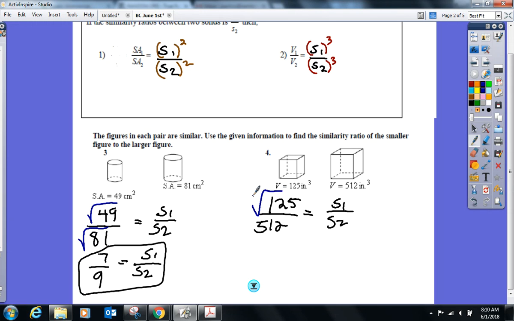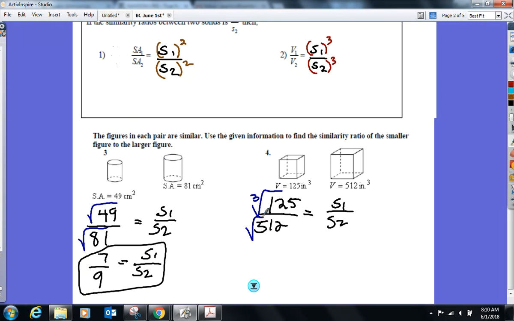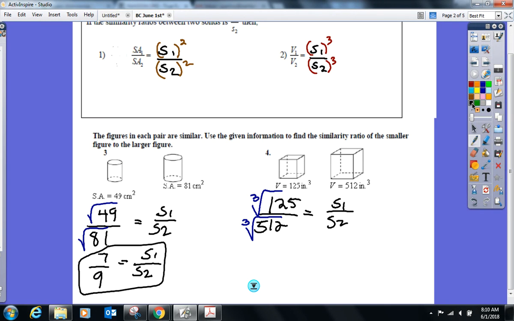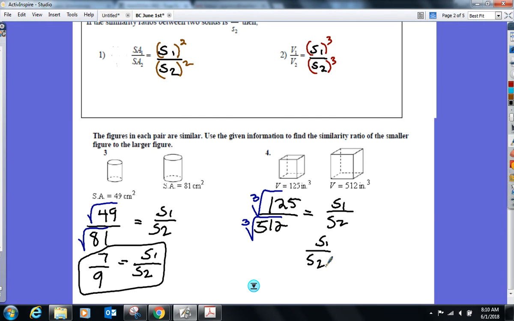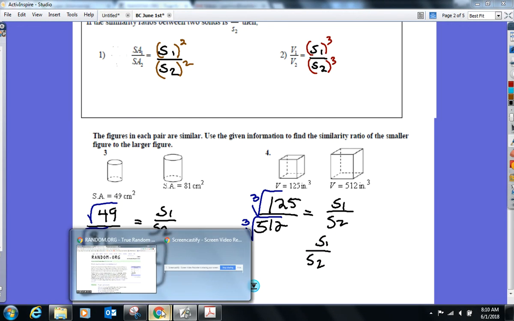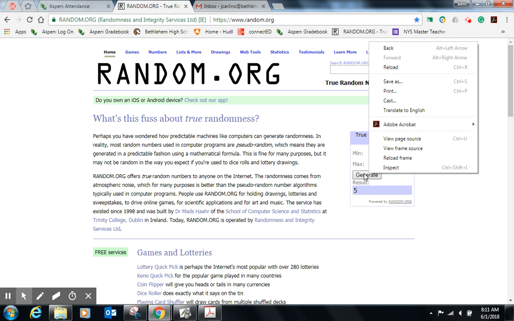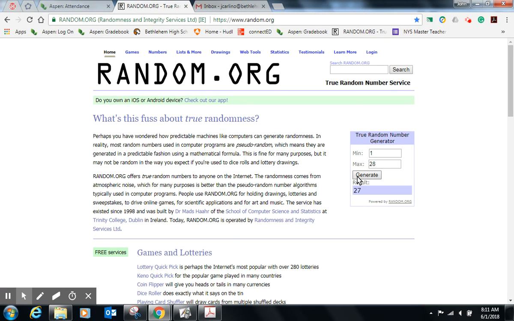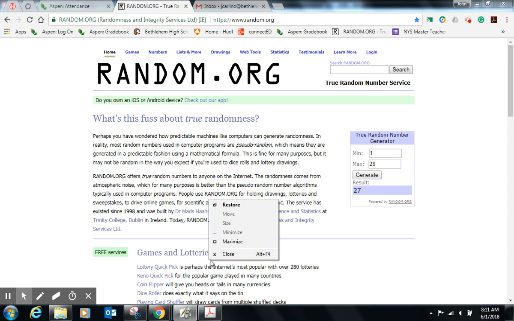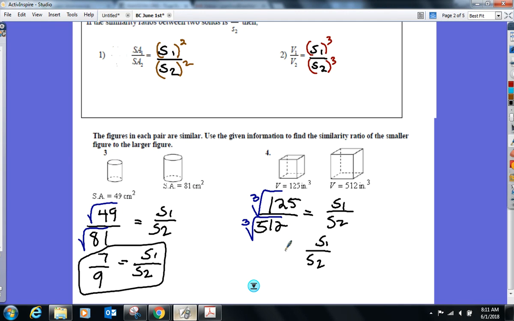Everyone remember on your calculator, math, choice 4. To cube root, math, choice 4. What's the ratio of their sides, aka their edges? 5/8. Thanks.